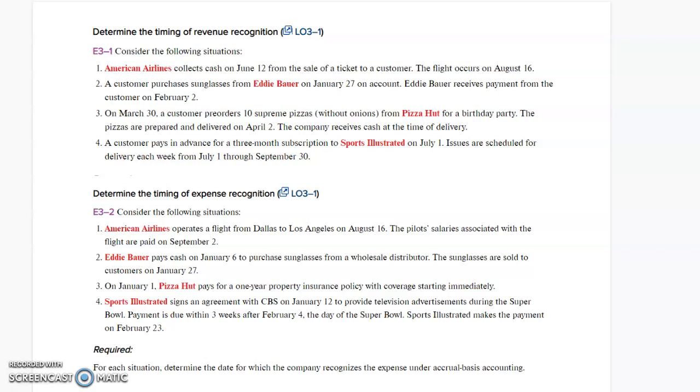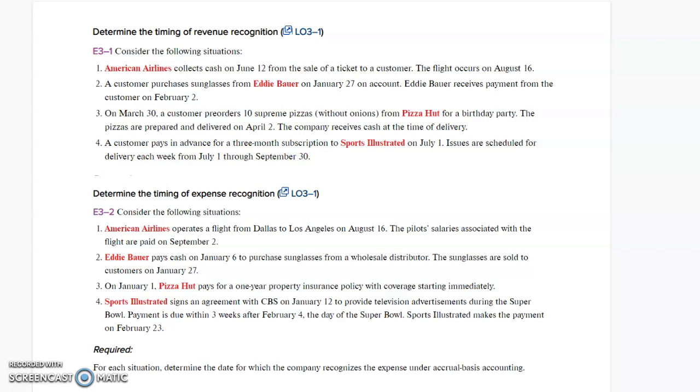When you collect the cash, you debit cash to make it go up, but then you put that same amount in unearned revenue, which is a liability, not a revenue account. Now, why is it a liability? Well, the reason is you've collected cash and now you owe the customer something.